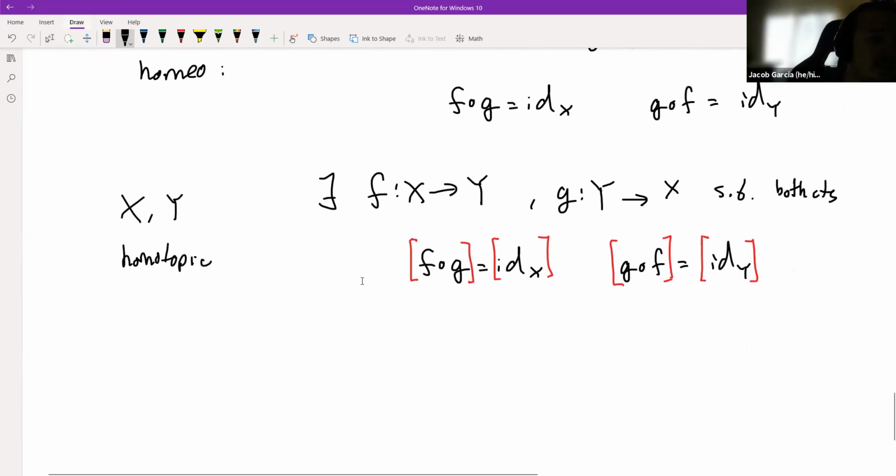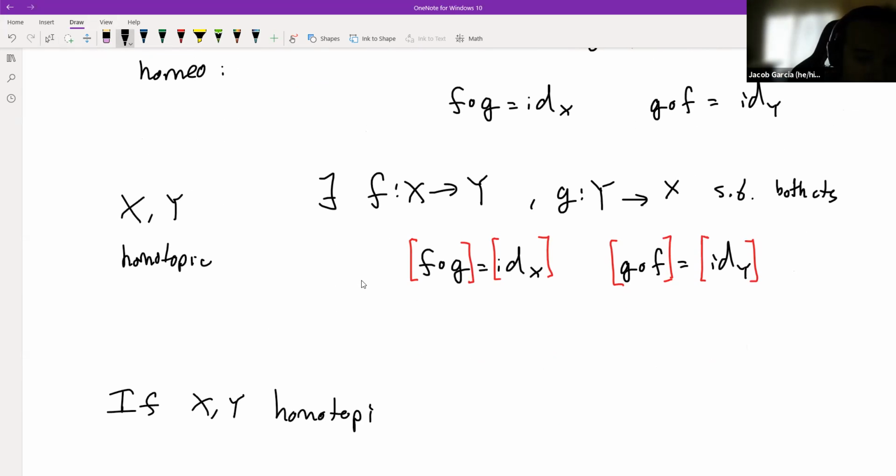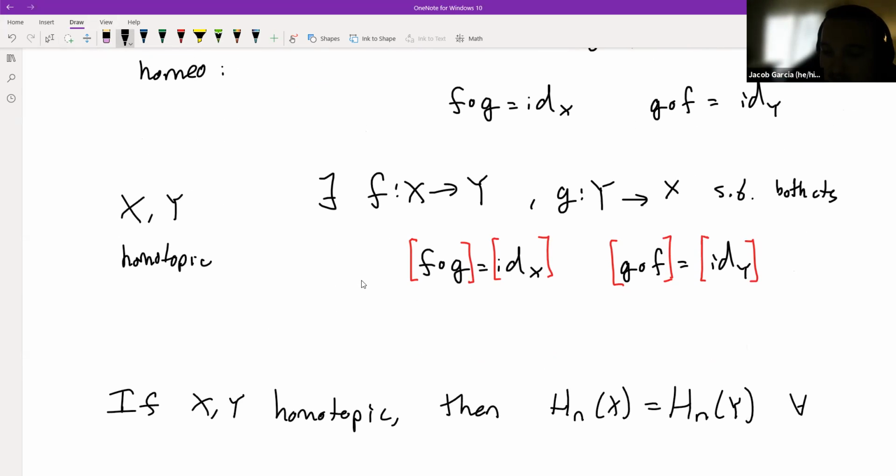Then there's a fact here, right, and I know that one way of this is true: if X and Y are homotopic, then H_n X equals H_n Y for all n.